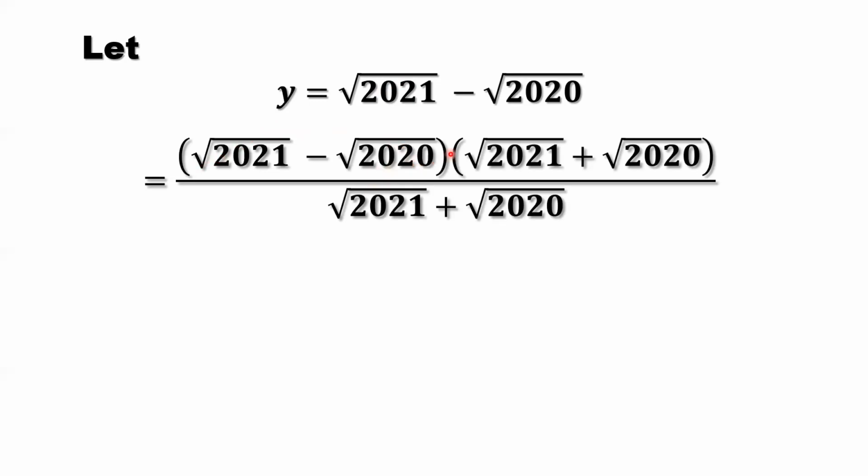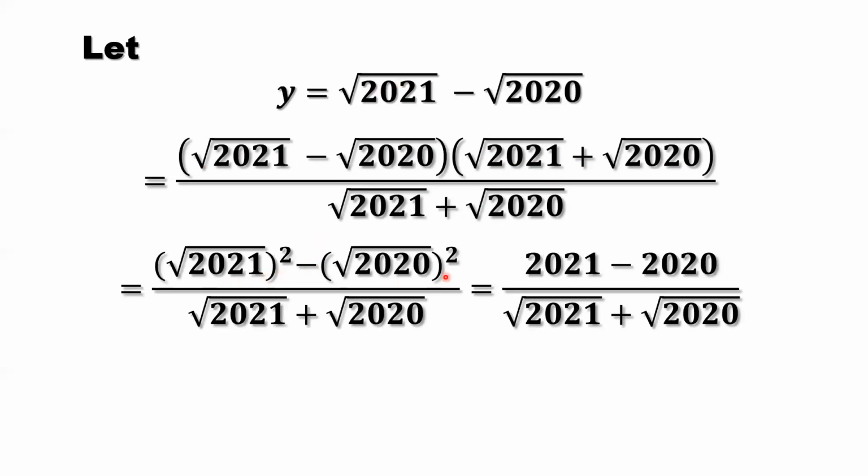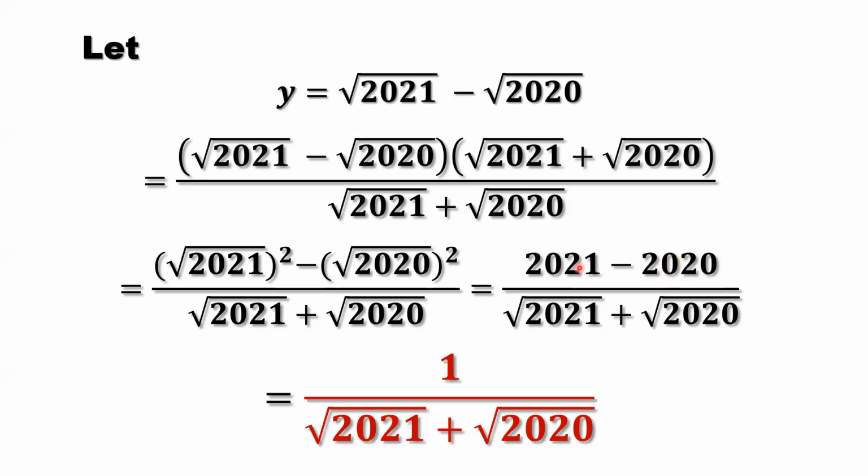Similar idea: multiply both numerator and denominator by its conjugate, which means here is plus. So a minus b times a plus b equals a squared minus b squared for the numerator. Simplified, you have 2021 minus 2020, so this is 1.